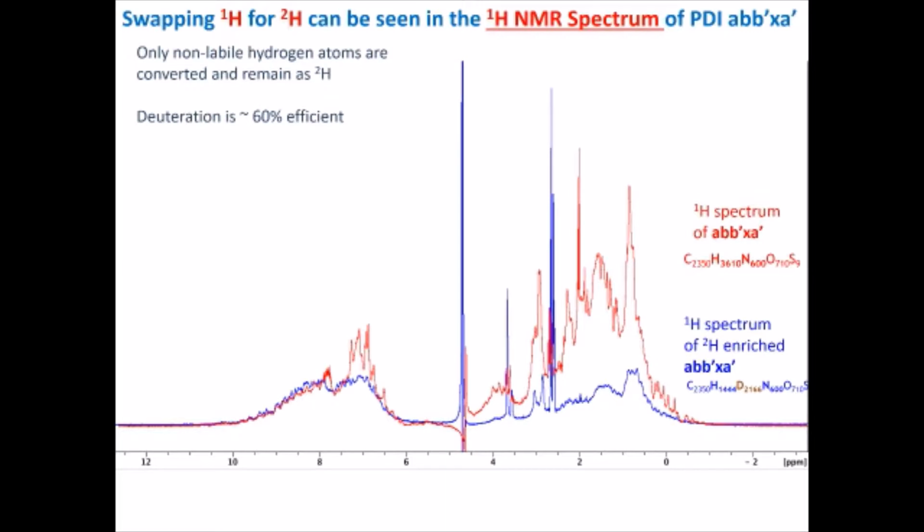You can see that deuteration is only 60% efficient, and only non-labile hydrogens that are not involved in exchanges are converted and will remain as deuterium.